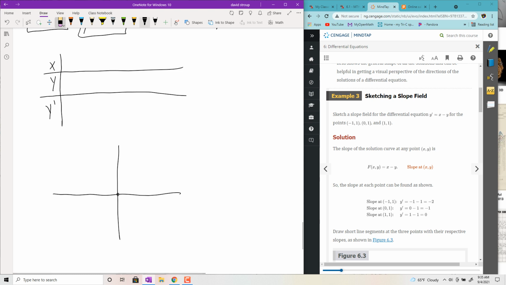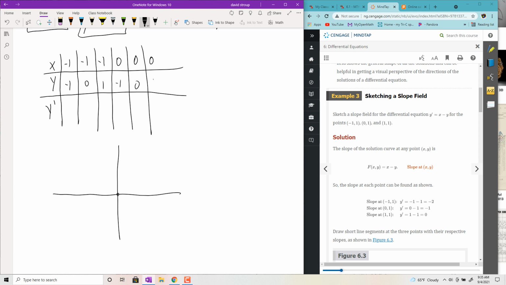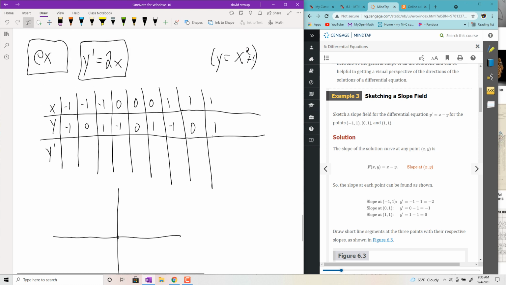So negative 1, negative 1; negative 1, 0; negative 1, 1; 0, negative 1; 0, 0; 0, 1; 1, negative 1; 1, 0; 1, 1.